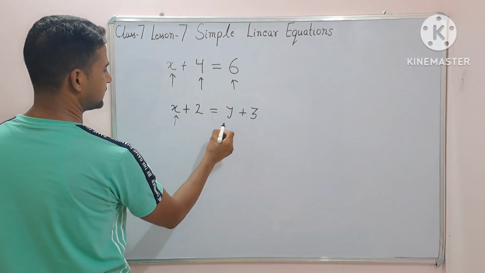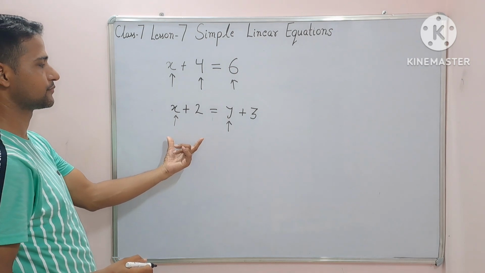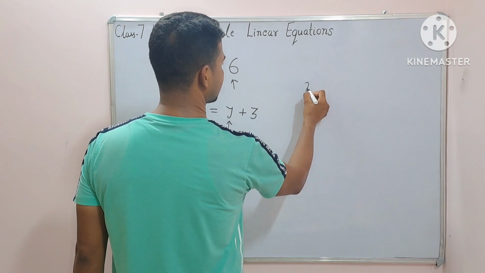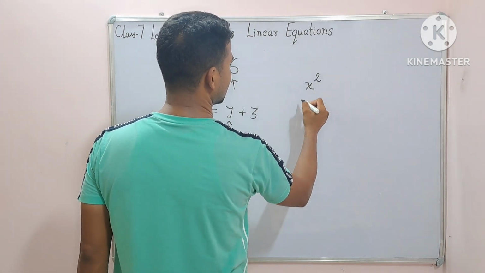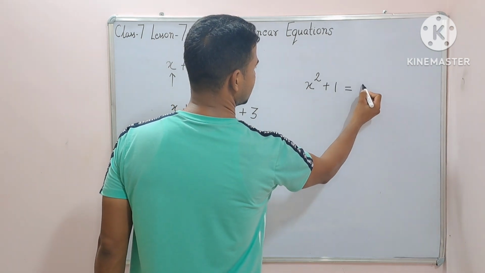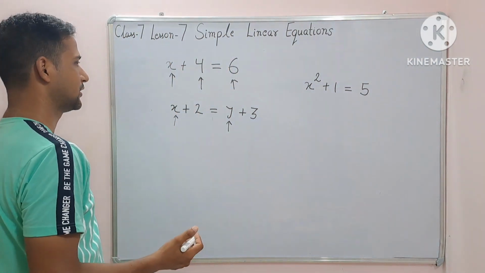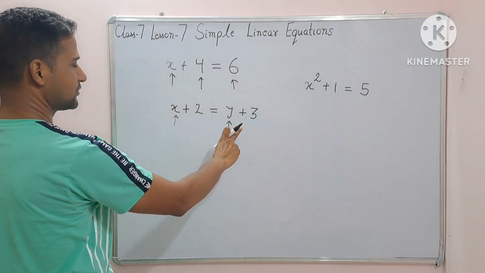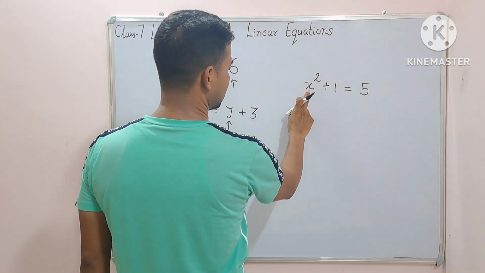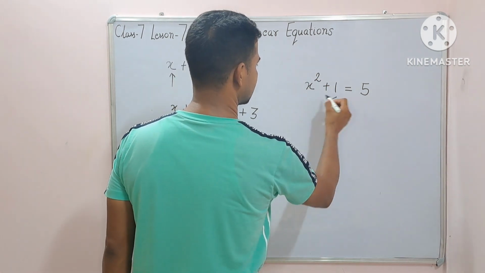Here one variable is x, the second variable is y. This is also an equation. x to the power 2 plus 1 is equal to 5. This is also an equation with one variable, but its power is 2, x square.